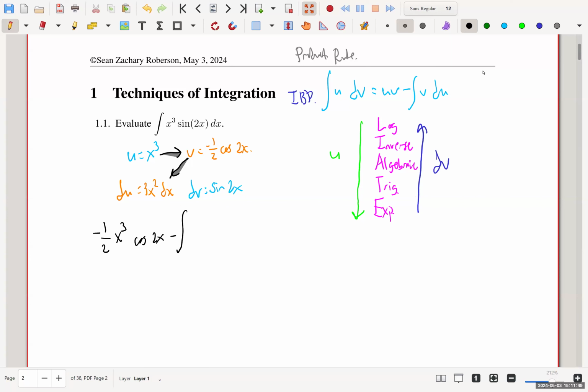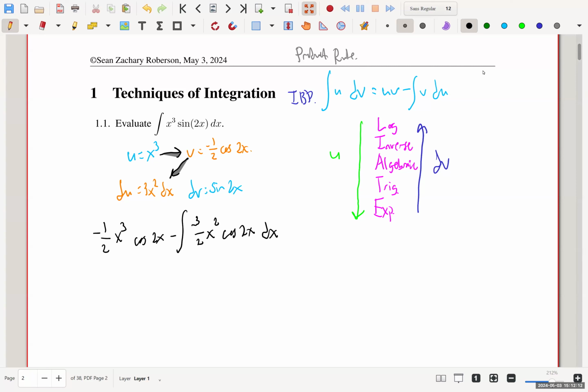So we'll have a minus 3/2 x squared cosine of 2x dx. Now, yes, you can pull the minus sign out, turn that into a plus. But now look at what you got. You would need to go ahead and do parts again.